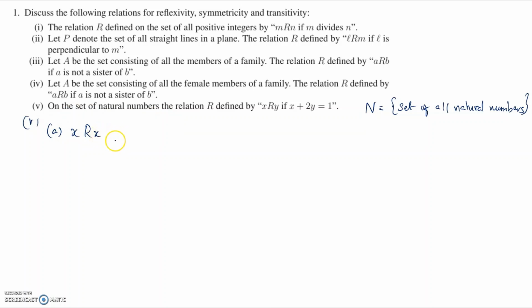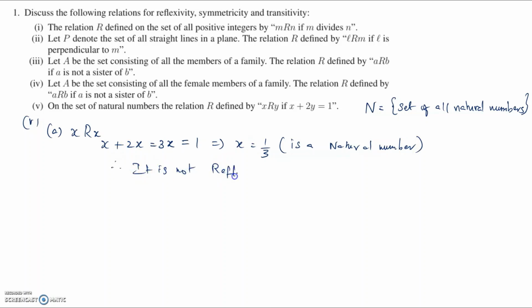Is our question. So x plus 2x is equal to 3x, and this is supposed to be equal to 1. This would imply x is equal to 1 by 3, which is not a natural number. Therefore, it is not reflexive.